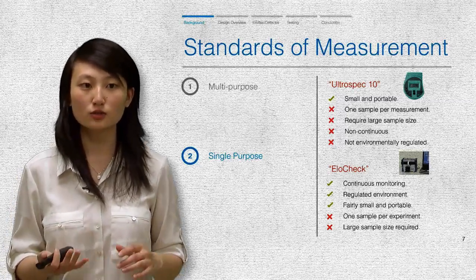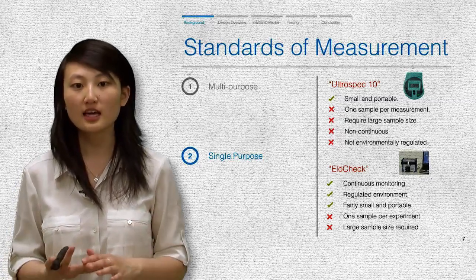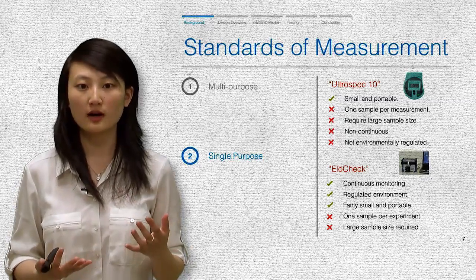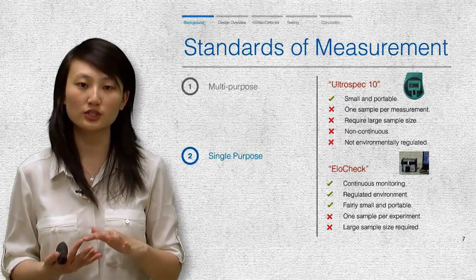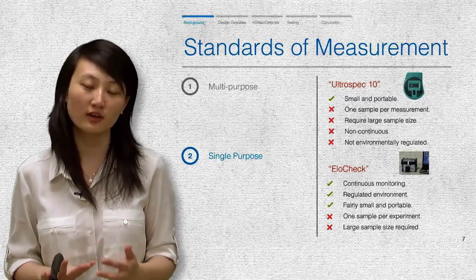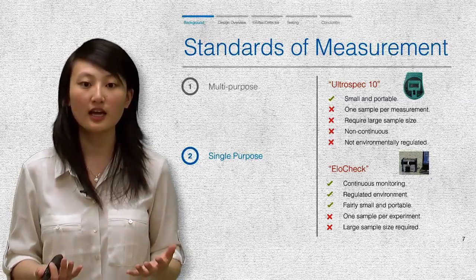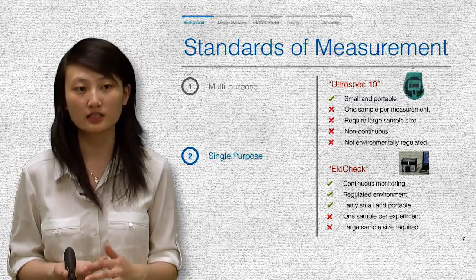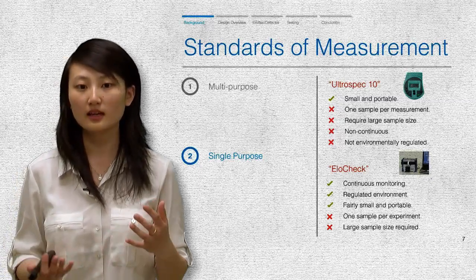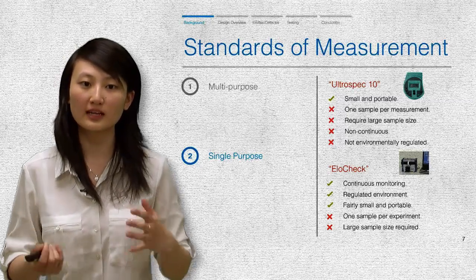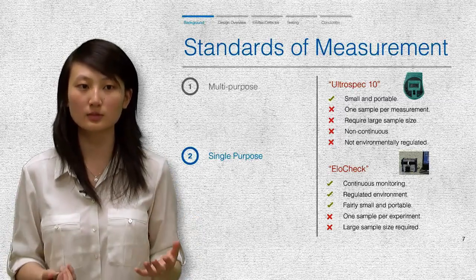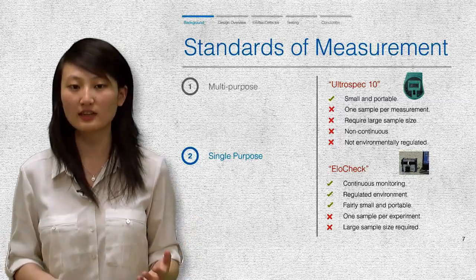And in addition, they also require very large sample sizes. Now, the UltraSpec is not able to measure continuously, nor is it environmentally regulated, while the EloCheck can be continuous and can be environmentally regulated. But as you can see, the multi-purpose and the single-purpose devices have their advantages and disadvantages.